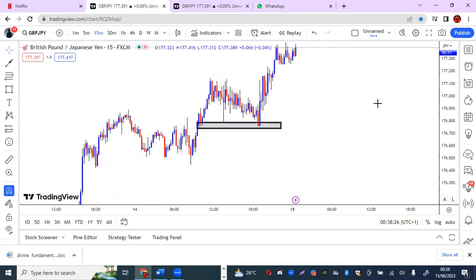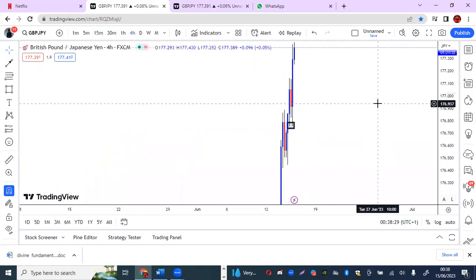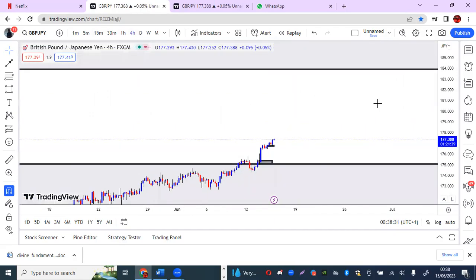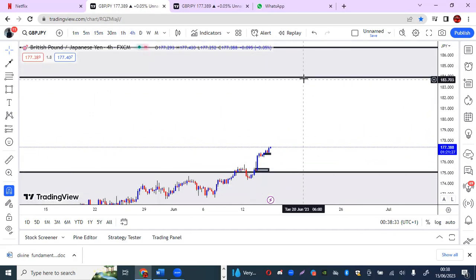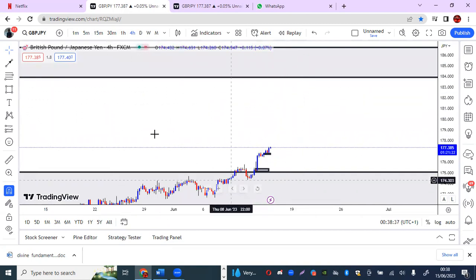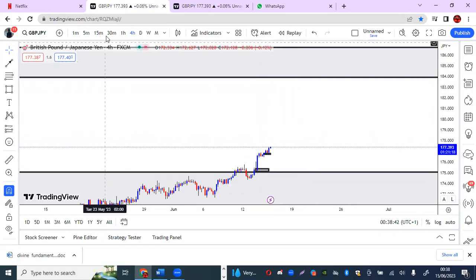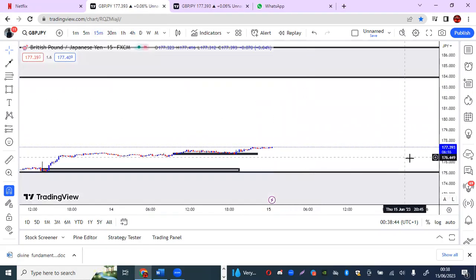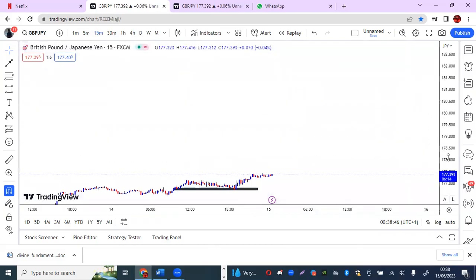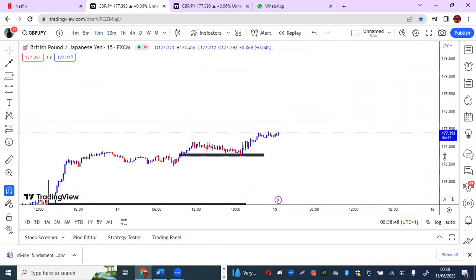We already did our analysis and we know that this pair is already bullish. We're expecting price to hit this particular zone. But of course, like I said, price is not just going to go up. It's going to retrace, move, retrace, move, retrace.